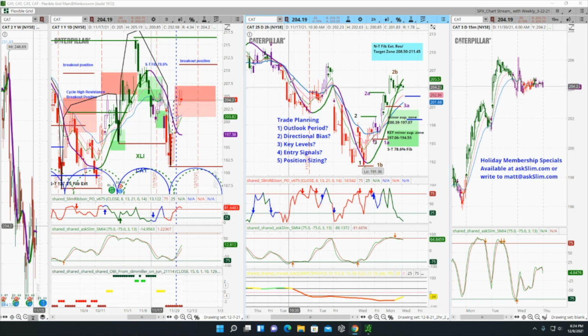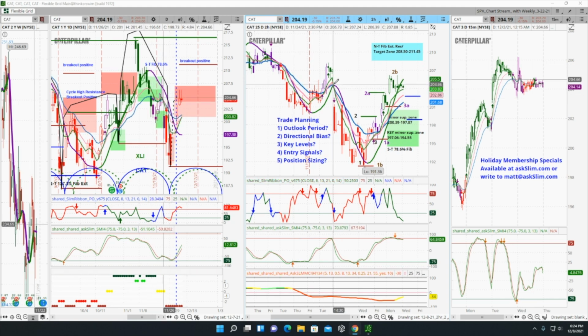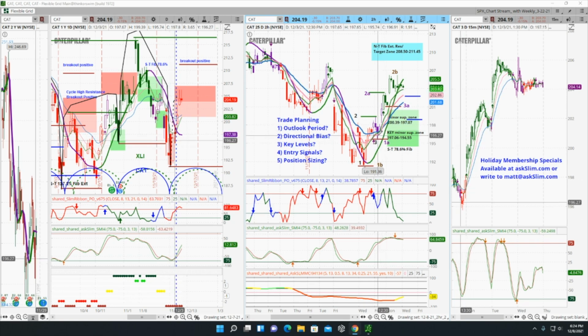It's made up of 3 exponential moving averages, the 8, 13 and 21 period, and our script colors it based on the overall alignment of those exponential moving averages. When it's positive, it is green. When it is negative, it is red. And when there's a conflict between them, it is purple.